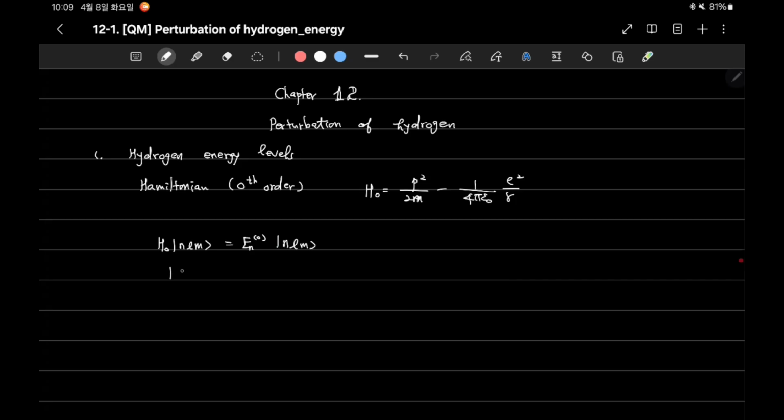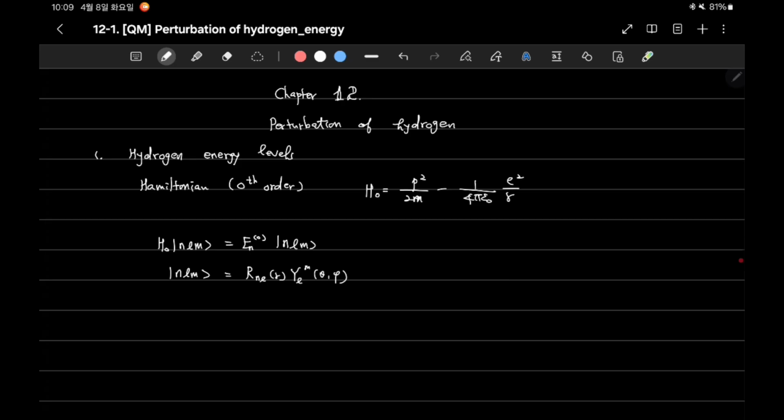Here, as we know, the nlm state is composed of the radial part R_nl(r) and the spherical part Y_lm(theta, phi).